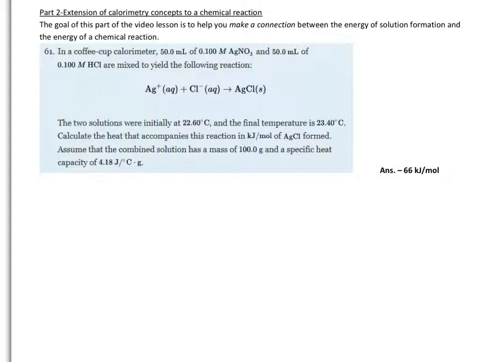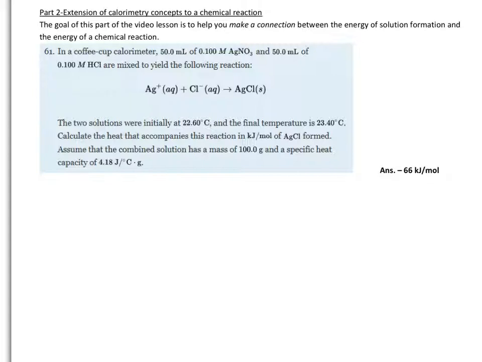The two solutions were initially at 22.60 degrees Celsius, and the final temperature is 23.40 degrees Celsius. Calculate the heat that accompanies this reaction in kilojoules per mole of silver chloride formed. Assume that the combined solution has a mass of 100 grams and a specific heat capacity of 4.18 joules per degree Celsius per gram.